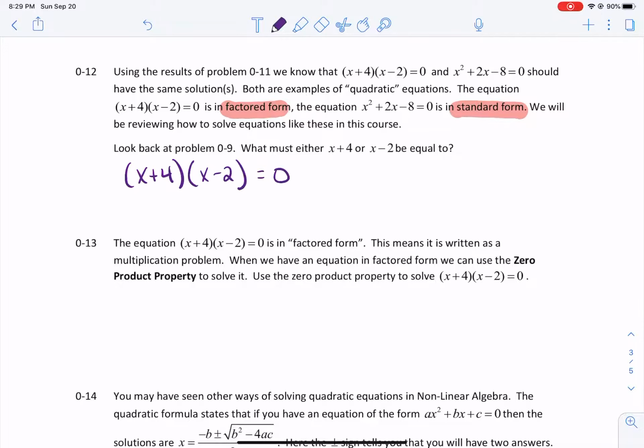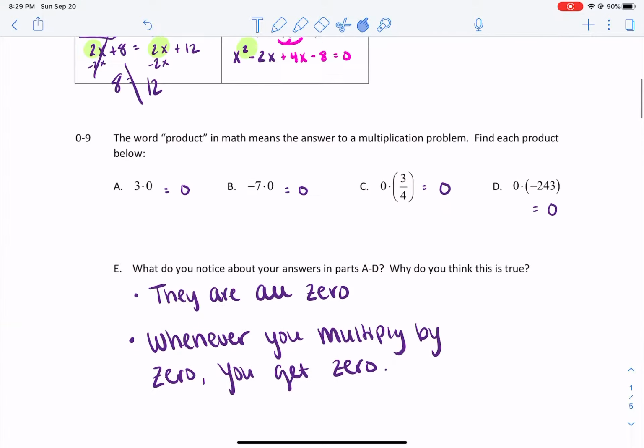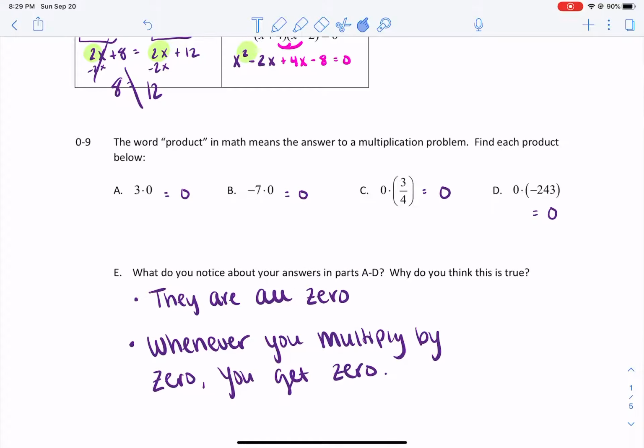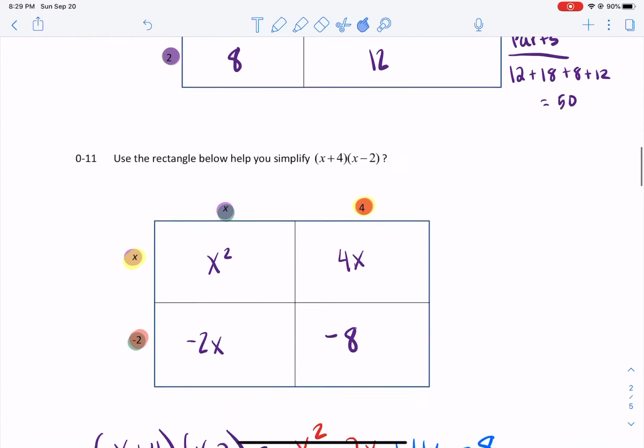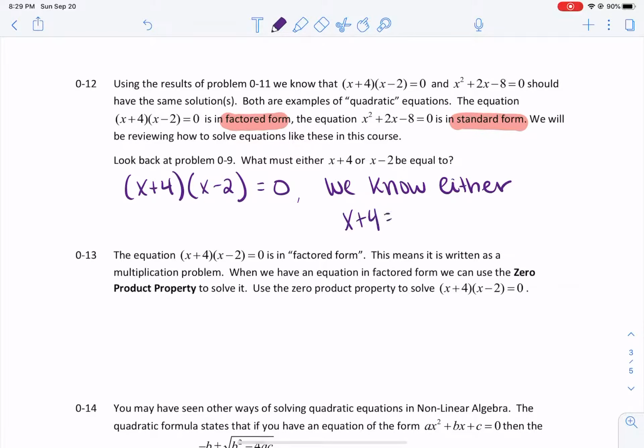So for that, we know the zero product property, what we talked about in problem O-9, is that a number times 0 was 0. So for (x + 4)(x - 2) to be equal to 0, that means that we know either x + 4 equals 0 or x - 2 is equal to 0.